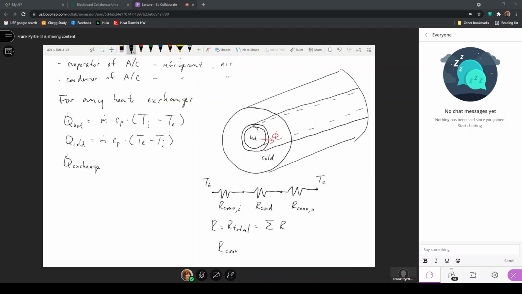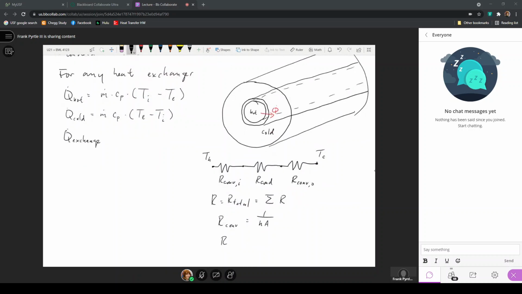Recall that the resistance due to convection is just 1 over h times A. And for a circular pipe or a circular wall that is separating these two fluids, the resistance due to conduction can be written as the natural log of the outer diameter over the inner diameter of the pipe divided by 2 pi k L. So the two convection resistances are defined as 1 over hA, and the conduction resistance by this expression that involves a natural log of the ratio of the outer and inner diameters.